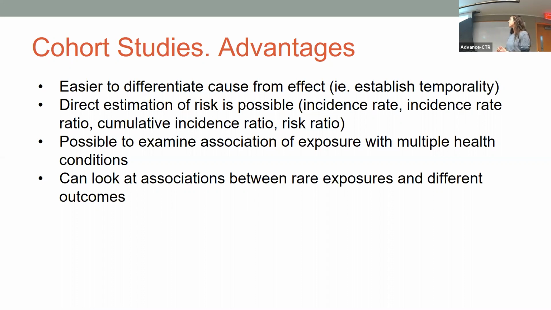And then finally, it works very well for looking at associations with rare exposures, because since you're selecting individuals based on their exposure status, you can basically recruit a group of individuals who have this rare exposure and follow them over time rather than just waiting to see who has the exposure that's rare.